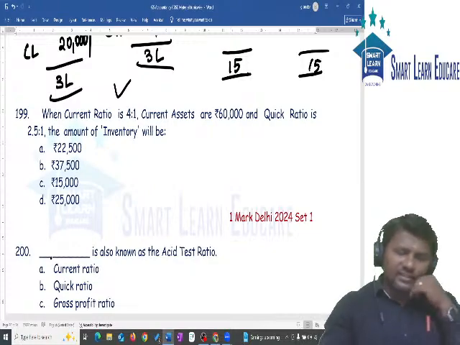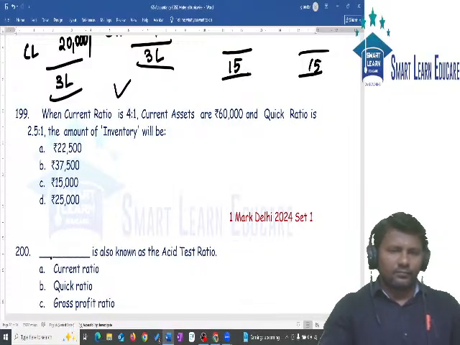Can we discuss the answer? Current asset is given as 60.